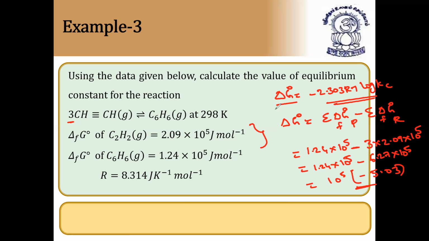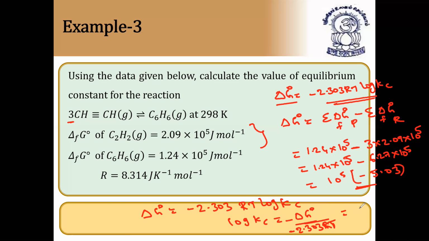Here delta G is equal to minus 2.303 RT log base 10 Kc. So by this you can say log Kc is equal to delta G by minus 2.303 RT. With both minus, the minus minus becomes cancelled.